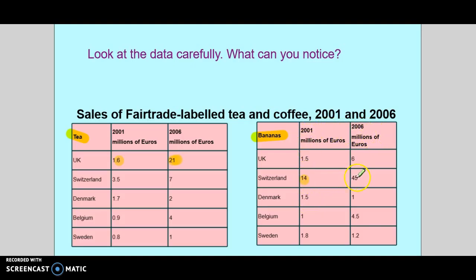I can see that Switzerland had a big increase, but if we look at Denmark, for example, or at Sweden, for example, we can notice that the numbers decreased. So this is something that I would like to mention in the overview. So we can mention that the sales of tea increased, and we can mention that the sales of bananas also increased, except in 2 countries.